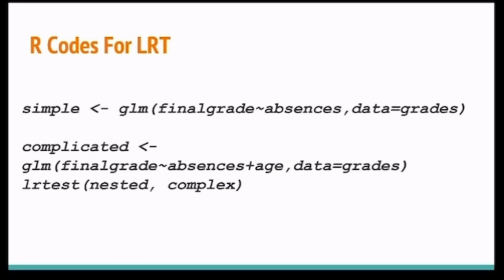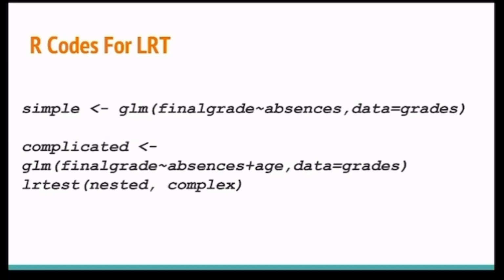In the case of linear regression, you remember we normally make use of the nested F test. The code in R is going to be ANOVA into the two models, but right now it's not going to be ANOVA. For the case of logistic regression, it's basically going to be LR test into the nested, complex.